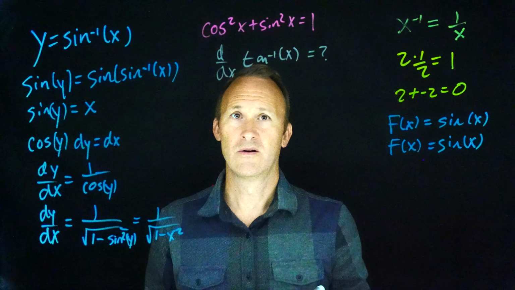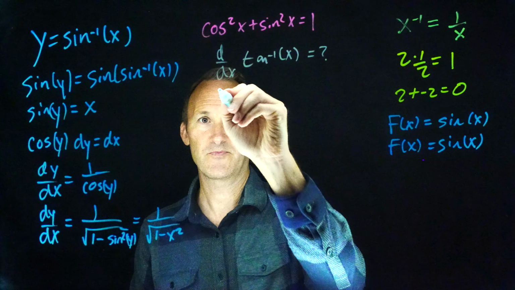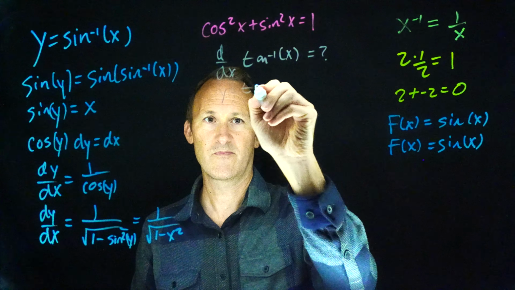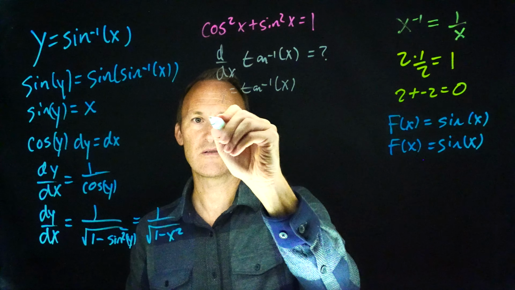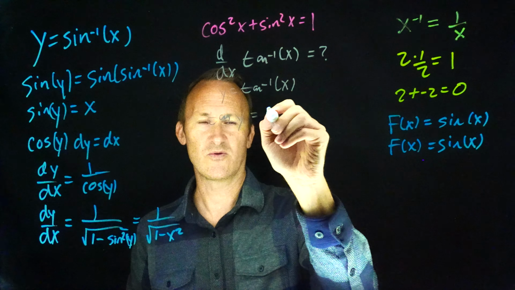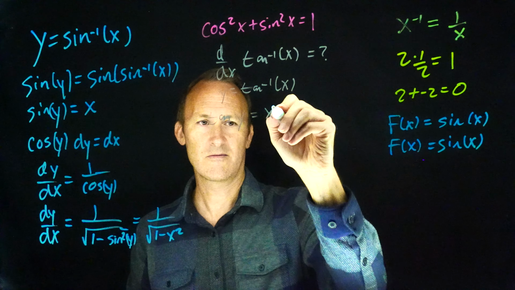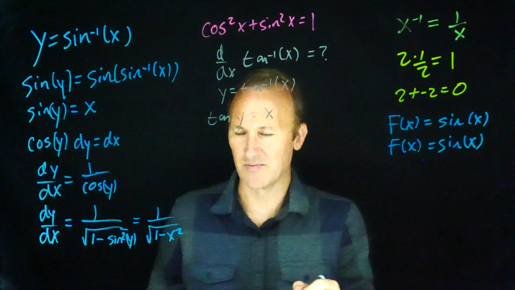So if we start with y equals tan inverse x, then what that means is the tangent of y, just like you're doing this to both sides, equals x. Sometimes I put the parentheses and sometimes I don't to speed it up a little.